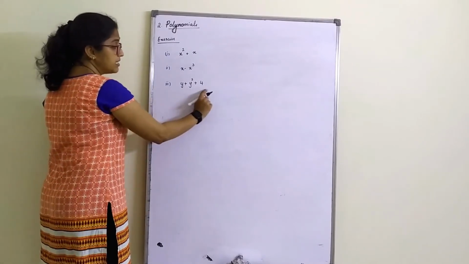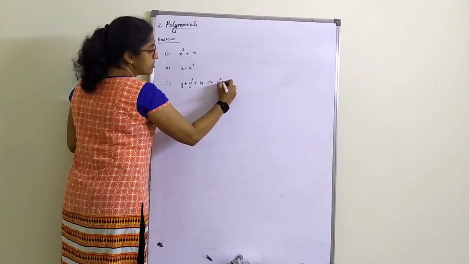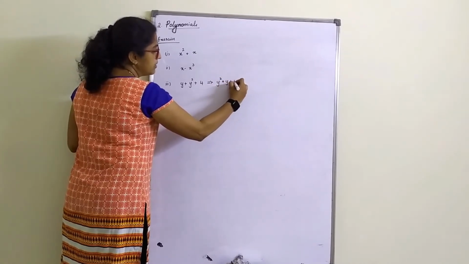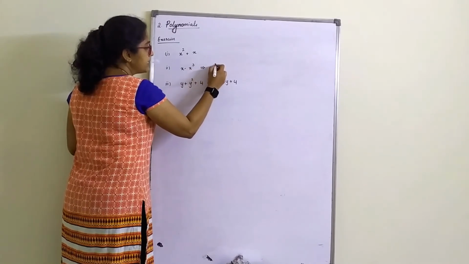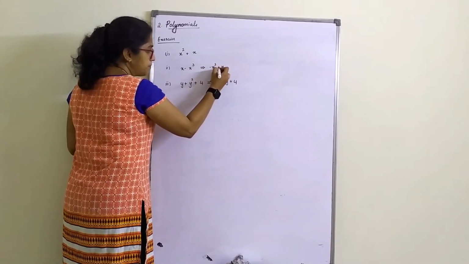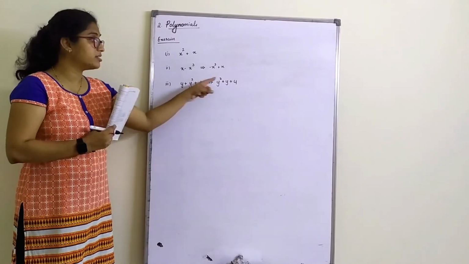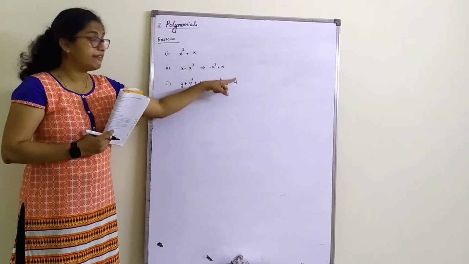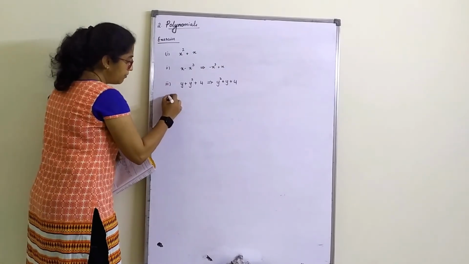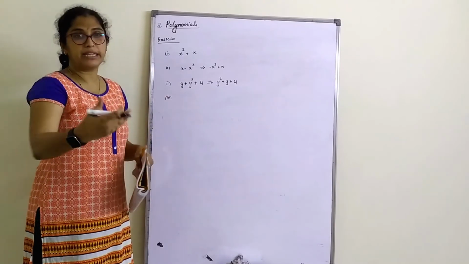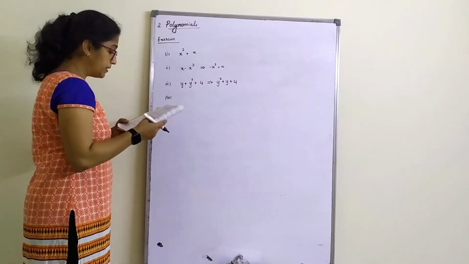That means this polynomial should actually be written as y square plus y plus 4. This should be written as minus x cube plus x. In this order it should always come: highest degree, then followed by the other degrees. Always remember this. Here it does not matter, but as we proceed further, we have to follow this rule in writing the polynomials.